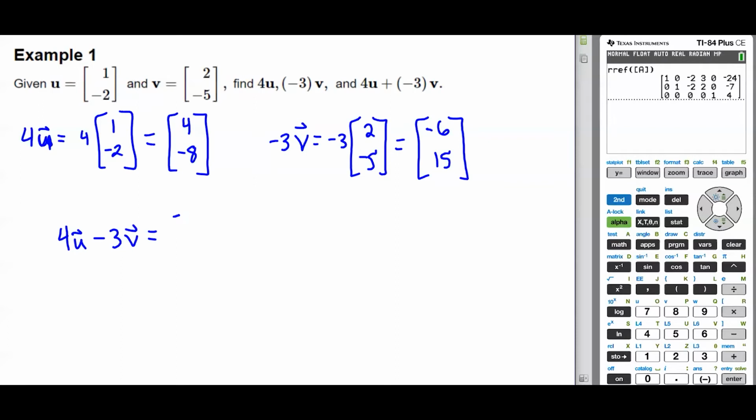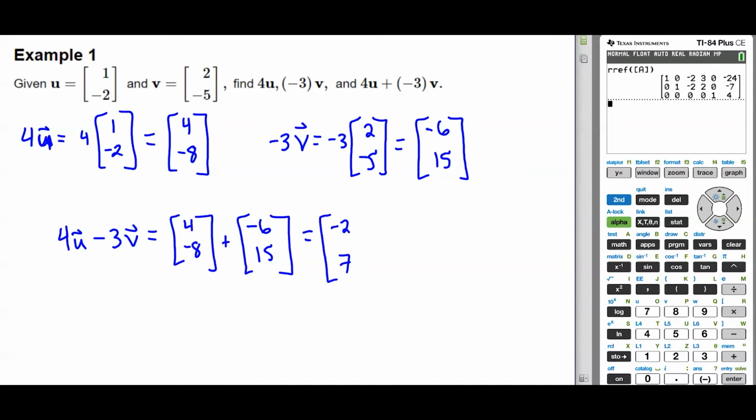So that's just this 4u that we already found plus this -3v that we already found. In this addition problem, we just add the components together. So it's going to be (-2, 7). So that is 4u minus 3v.